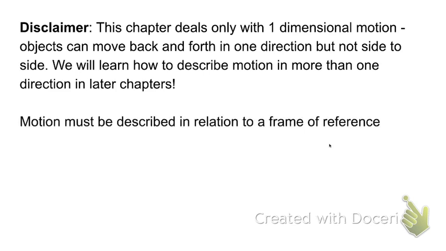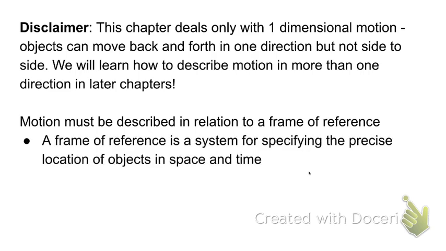So to begin, motion must be described in relation to a frame of reference. Okay? A frame of reference is a system for specifying the location of objects in both space and time. There are usually multiple frames of reference for any system or problem that you're working on.